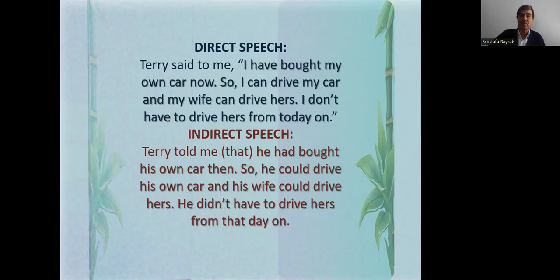This is the situation. Now, indirect speech. Terry told me that he had bought his own car then. Now has become then. So he could drive his own car and his wife could drive hers. He didn't have to drive hers from that day on, or he wouldn't have to drive hers from that day on.